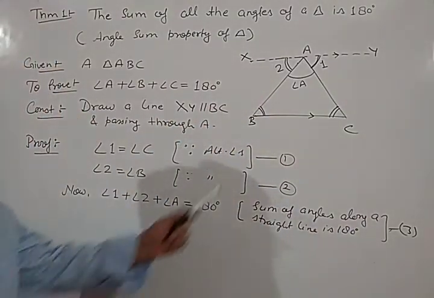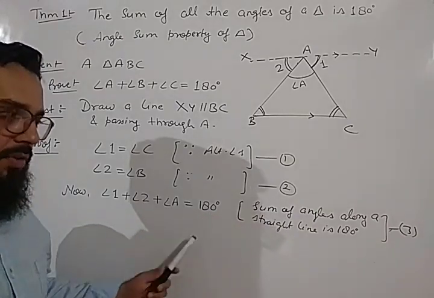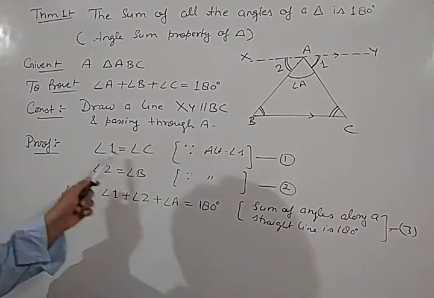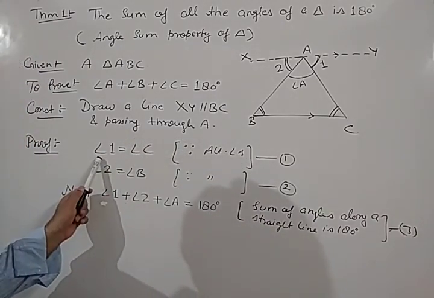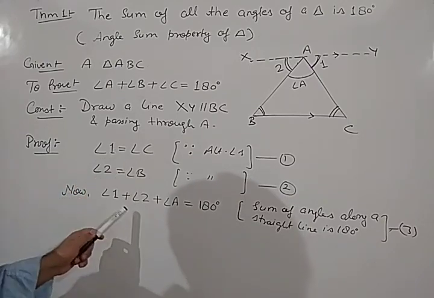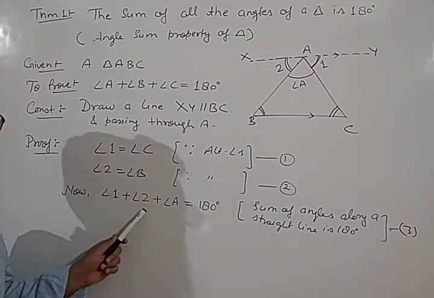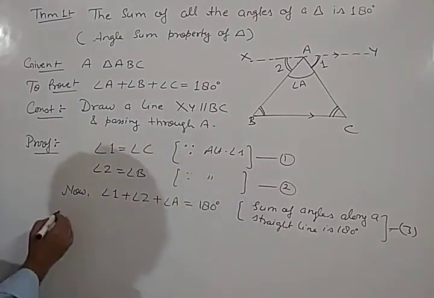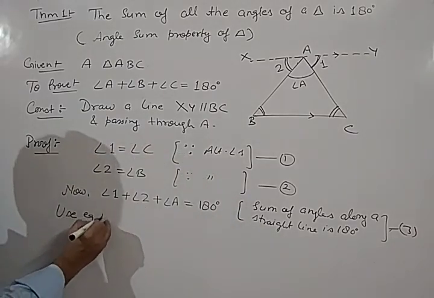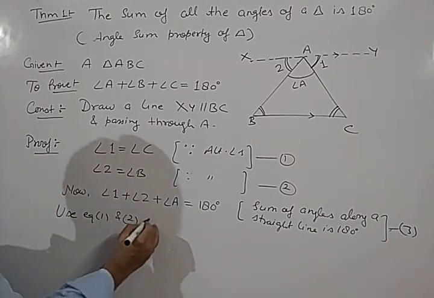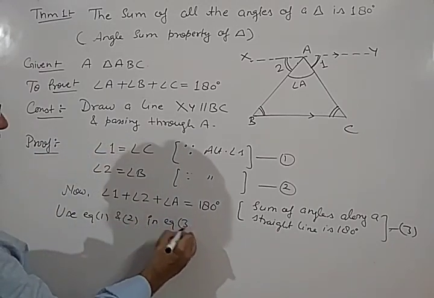Now if we use equation 1 and equation 2 in equation 3, it means if we put the value of angle 1 equals angle C and the value of angle 2 equals angle B in this equation, then we will write here, use equation 1 and 2 in equation 3.